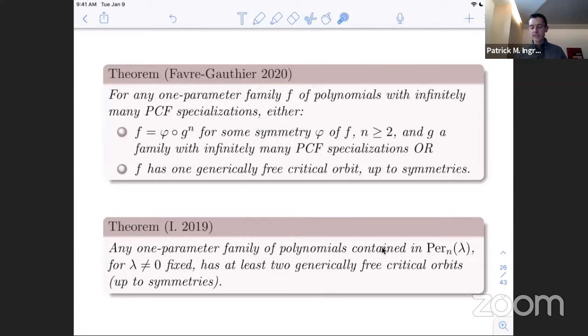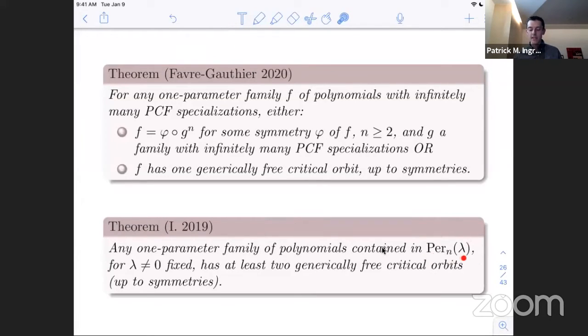These statements are up to symmetries, because you can have polynomials that have two free critical orbits, but they're related by some sort of involution, and then they'll either both be finite or both be infinite, and you should really count that as one infinite critical orbit. And I'll just mention an example of a situation in which this second condition holds.